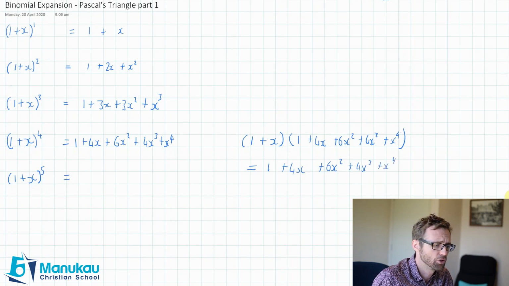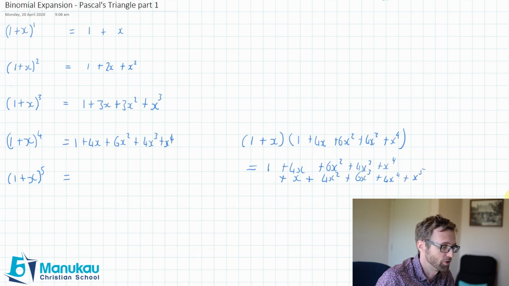And then we're going to multiply all of those second bracket terms by x. So we'll have plus x plus 4x squared plus 6x cubed plus 4x to the 4 plus x to the power of 5.